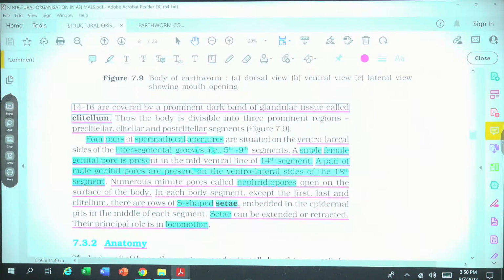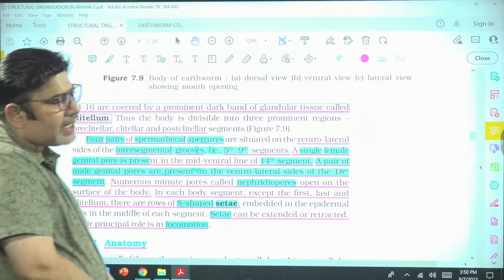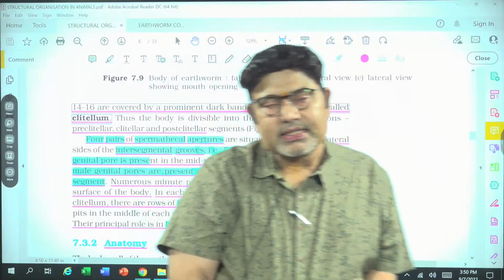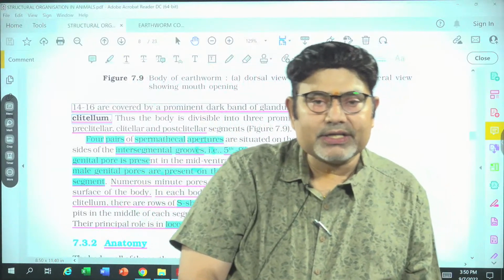In a mature worm, 14 to 16 segments are covered by a prominent dark band of glandular tissue called clitellum. Please learn it: clitellum, segments 14, 15, and 16. It is a glandular tissue.